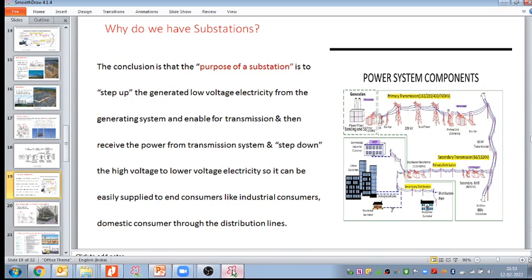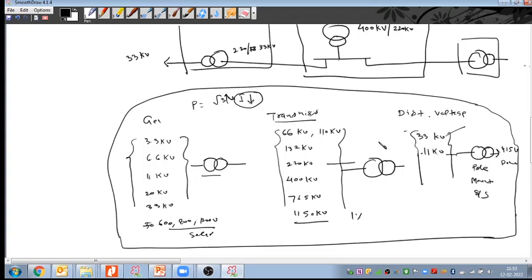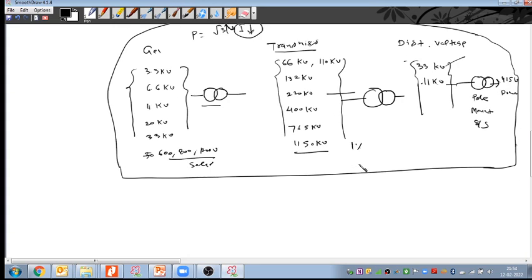So what we discussed so far is this power system network, the role of substations, and why we require the substations, right? We also discussed the types of the substations.